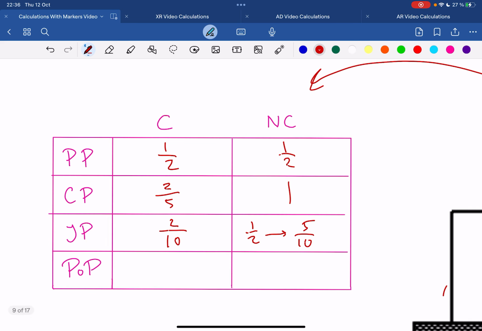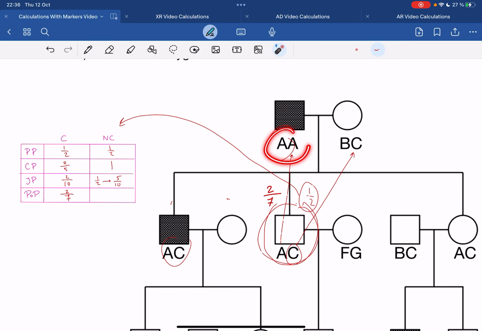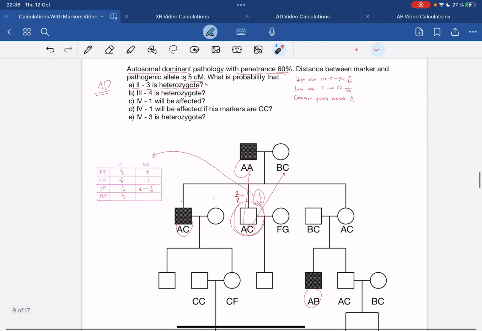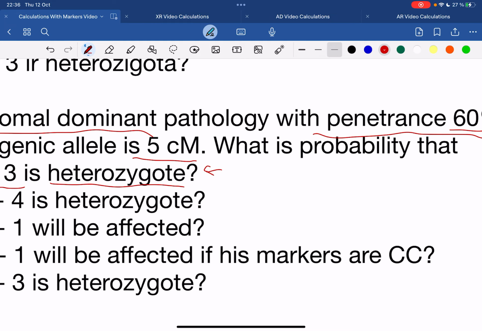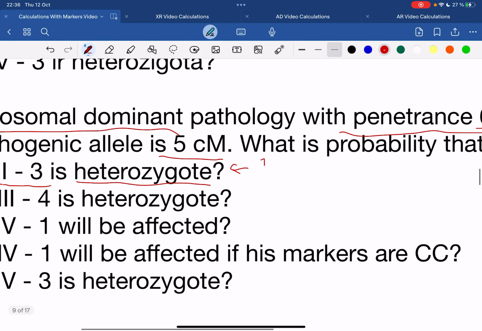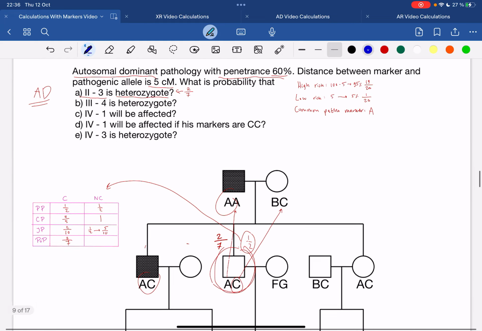Then here we take the top, which would be 2, divided by 2 plus 5, which is 7. So the chance for this person to be a carrier is actually 2 over 7, due to the fact that we don't know which of the alleles he got from the father. So we revert back to the old system. So here it's 2 over 7.